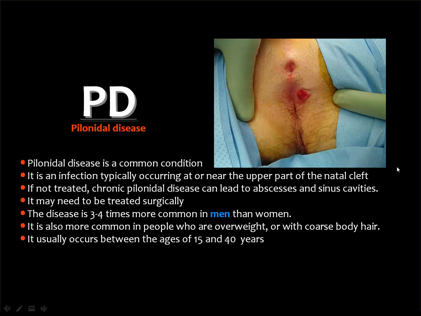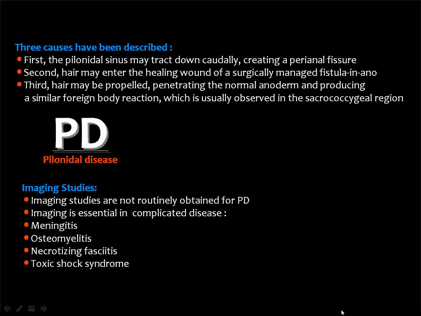Rarely, this pilonidal disease may produce a fistula tract. It is more common in men than in women, and also more common in overweight persons and those with coarse body hair. The age incidence is from puberty up to the age of 40 years.